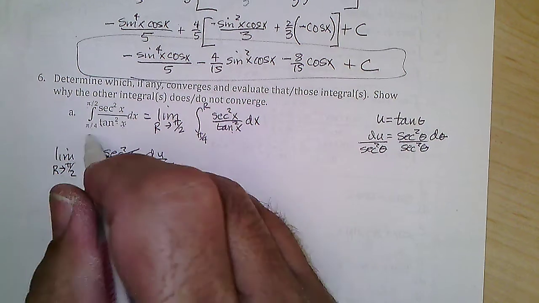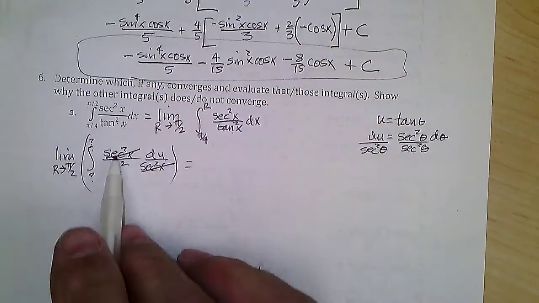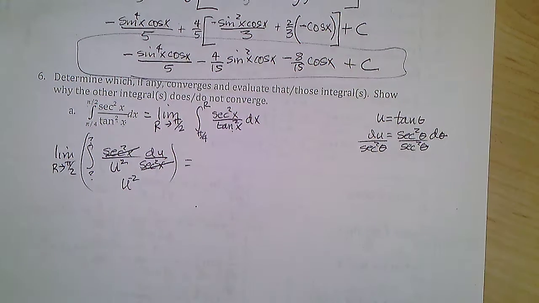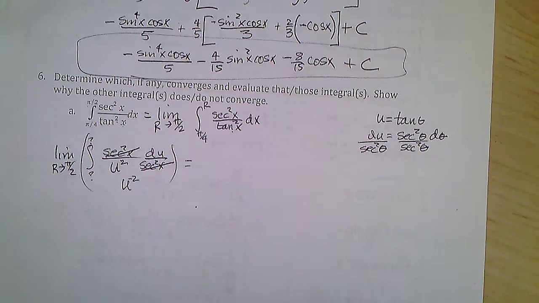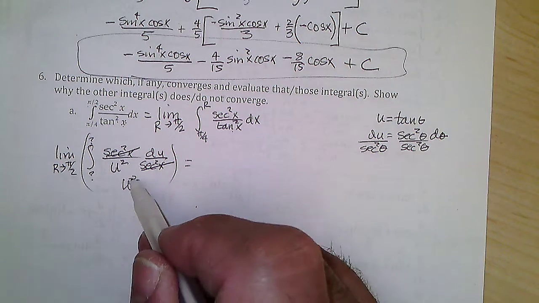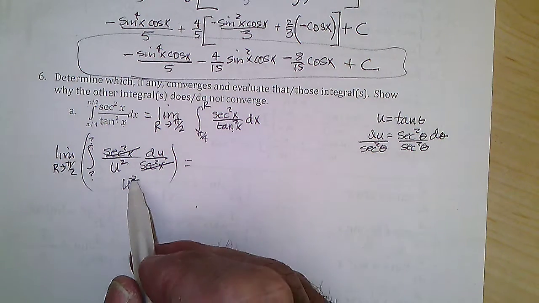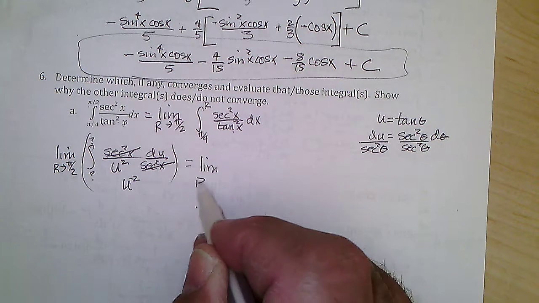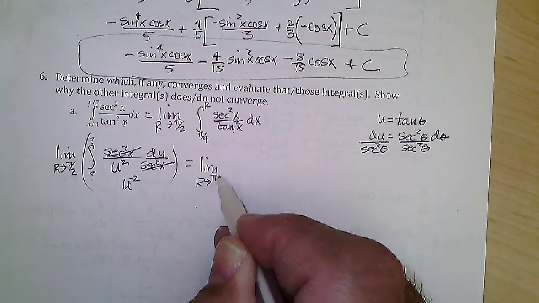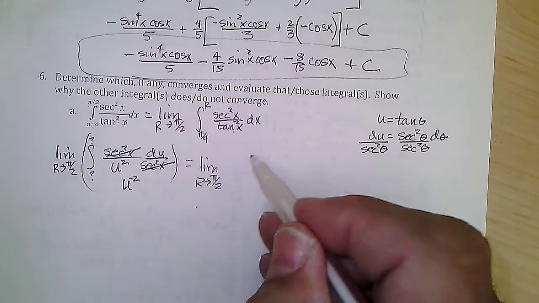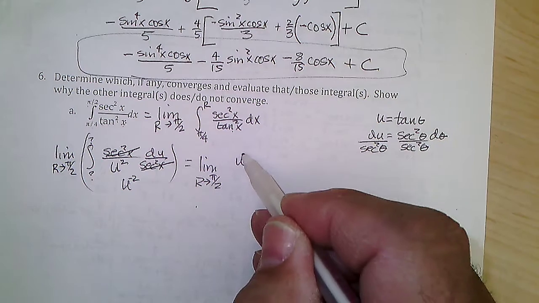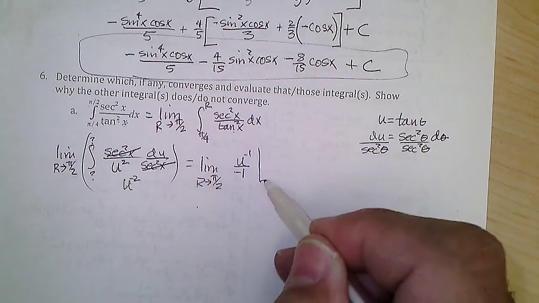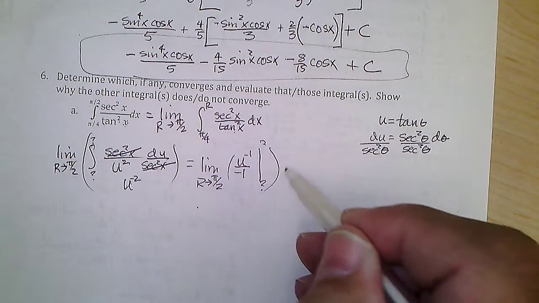Those cancel. And this becomes u to the minus 2, which is not an ln thing. You integrate that by adding 1 to the power and dividing by what you get. So we get the limit as r approaches pi over 2 of u to the minus 1 over minus 1 from something to something.